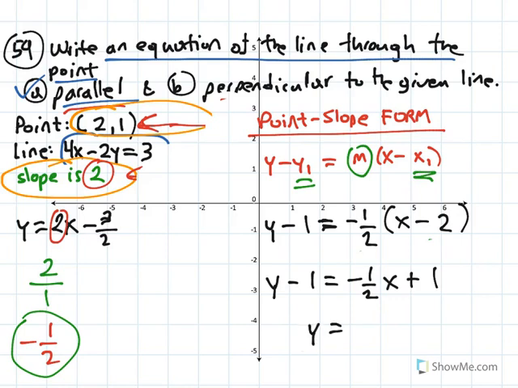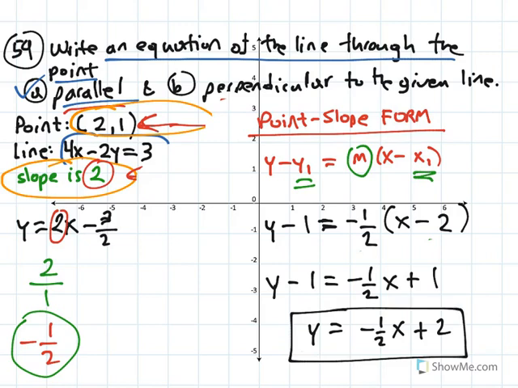And then add 1 to both sides of the equation. You get y is equal to negative 1/2 x. 1 plus 1 is 2. So this is the equation of the line passing through 2, 1 that is perpendicular to the given line. Y is equal to negative 1/2 x plus 2.